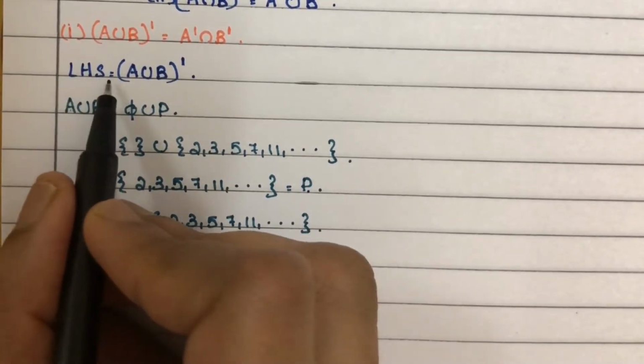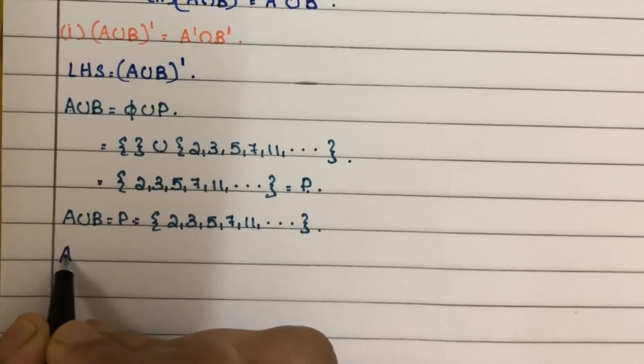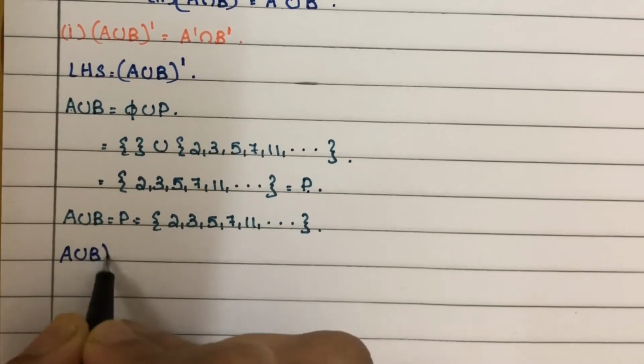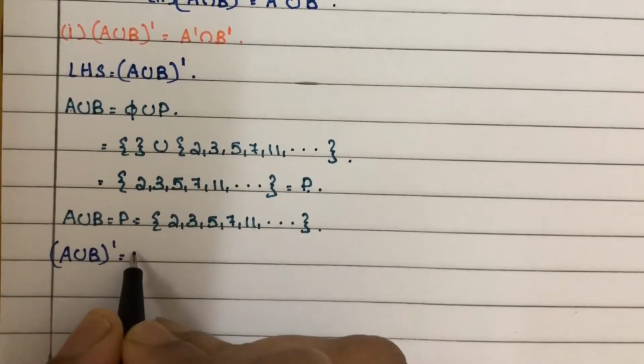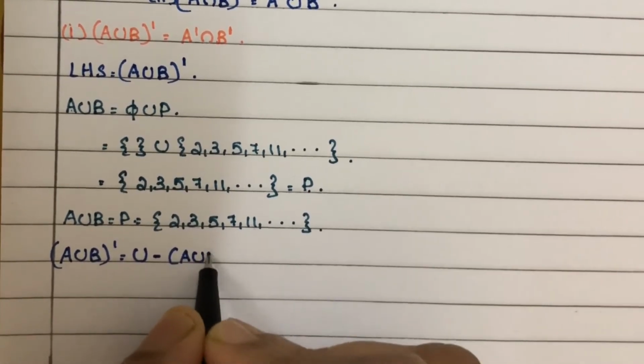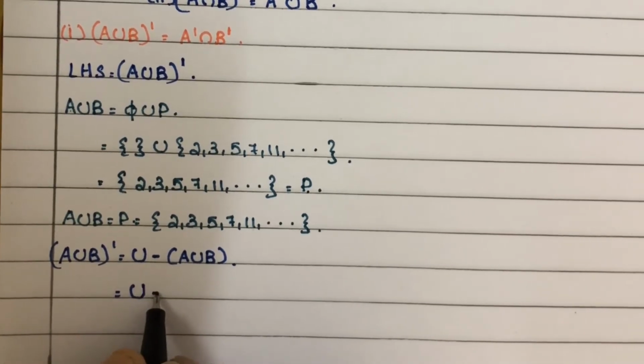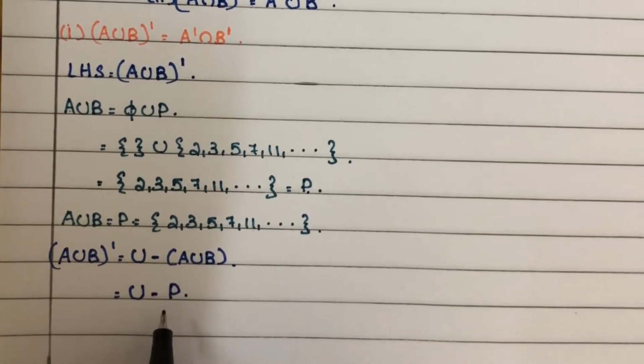Now our LHS is equal to A union B whole complement. So A union B whole complement equal to universal set minus A union B. That's equal to universal set minus P.